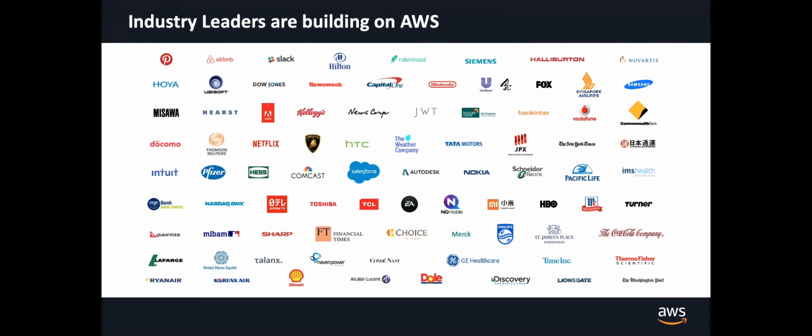In recent years, yes, there are Azure and Google and other players, even some from China, like Ali Cloud and Tencent Cloud. But today, thousands of business enterprises of all sizes in every industry are using AWS to drive meaningful outcomes for their business and their customers.